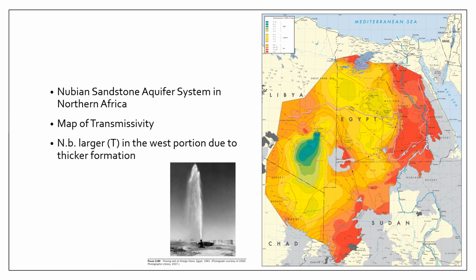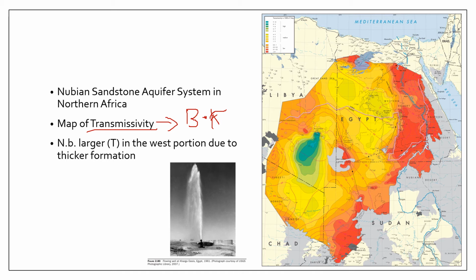and this is the Nubian Sandstone aquifer system in northern Africa. And this is a map of the transmissivity, or the ability of your aquifer to transmit water. All right, so transmissivity, to reiterate, is a function of your aquifer thickness B times your hydraulic conductivity.